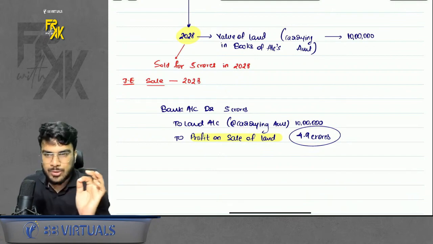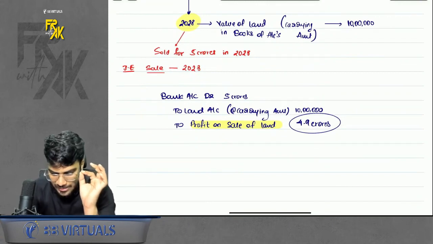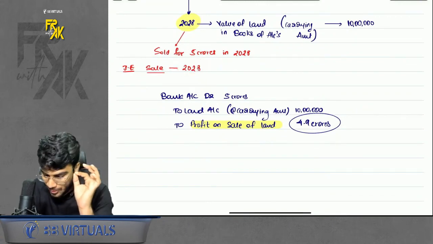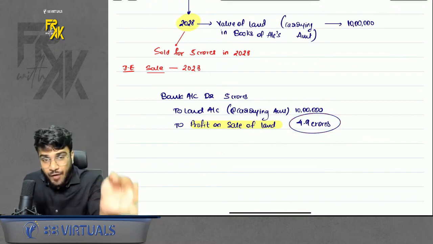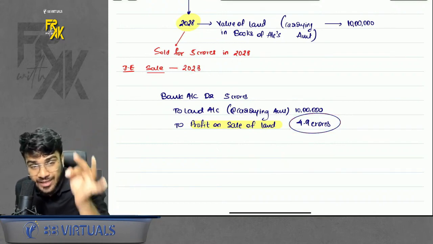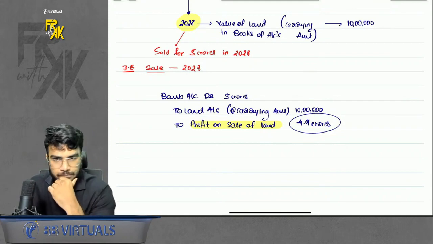And if you see closely, suddenly his year 2028 has so much of profitability not because of his core business. This profit has arisen because of a sale of asset, sale of land, sale of property equipment.